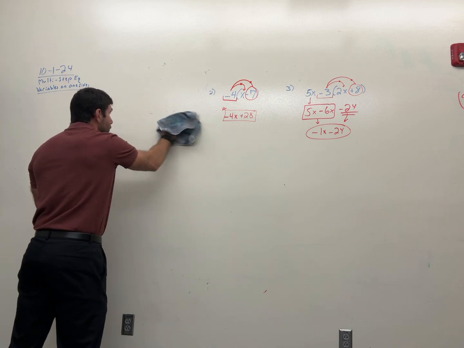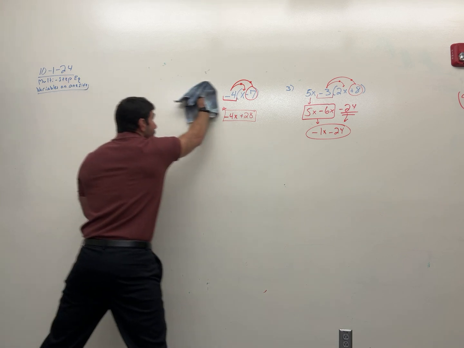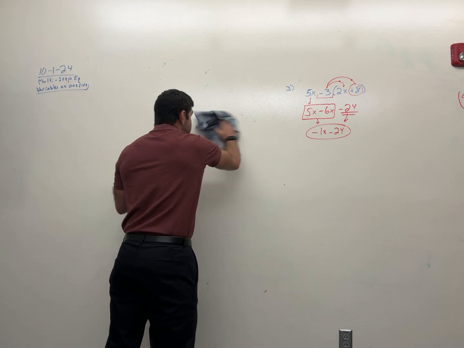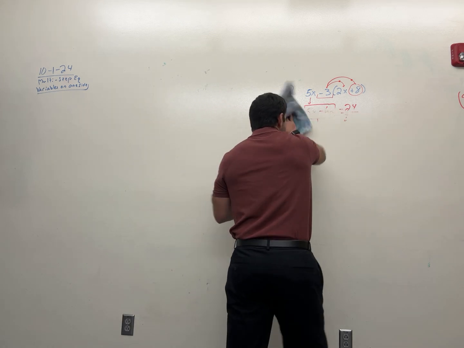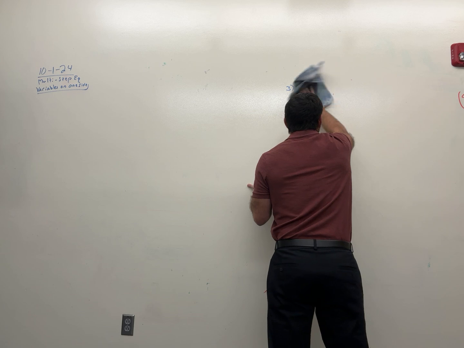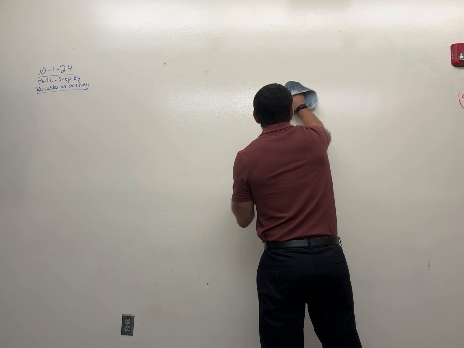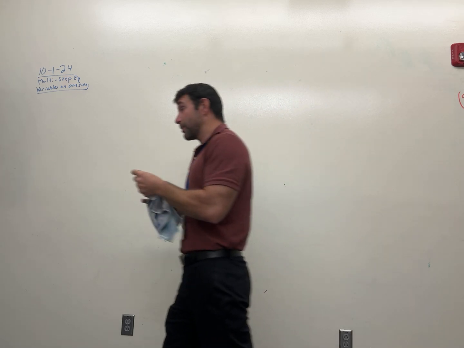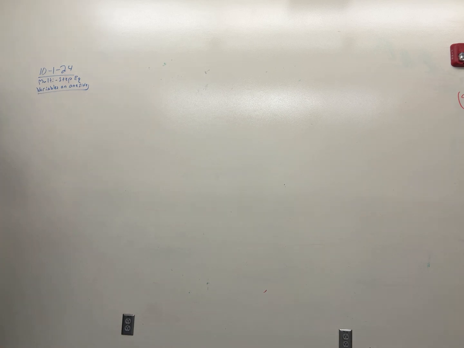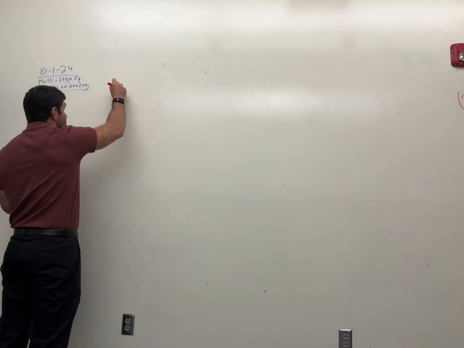Now, I wouldn't overload this paper with notes, because these are going to be the directions for solving all of our equations from this point forward. Okay? So, let's start with examples, walking through exactly what it says. So here's example 1.